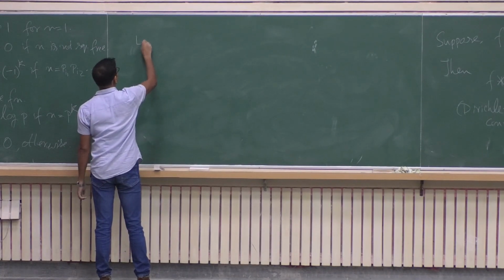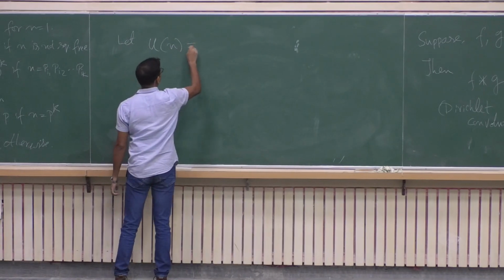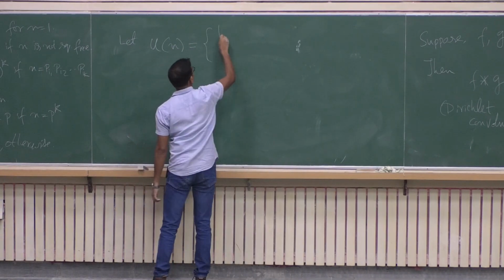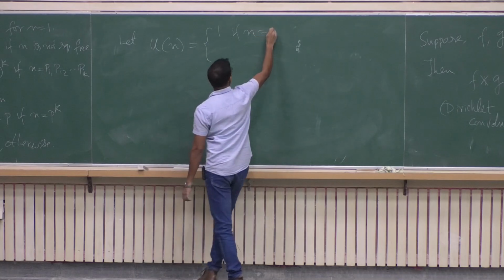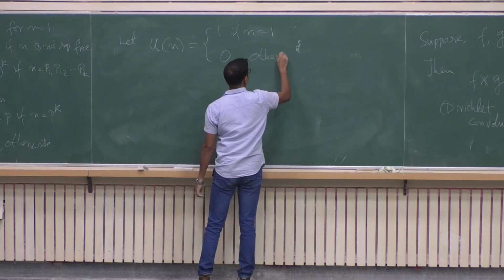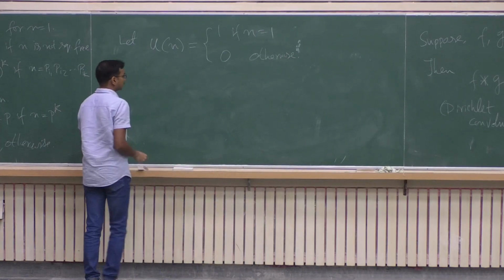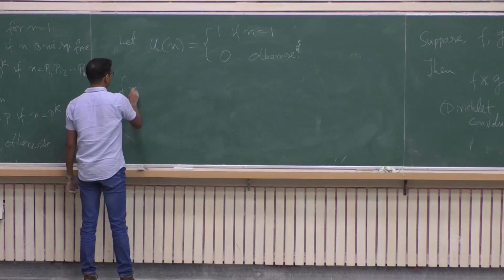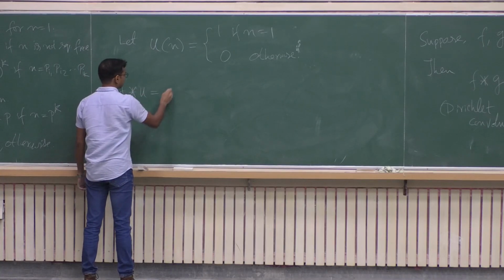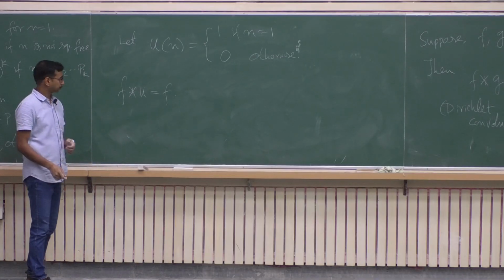Define u n as 1 if n equals 1, and 0 otherwise. Then note that f star u is just f, right? By the definition.